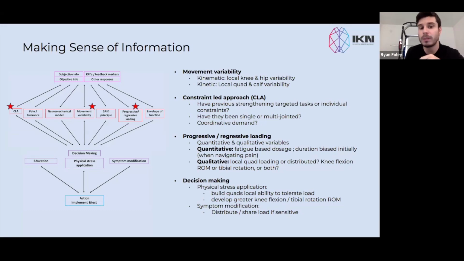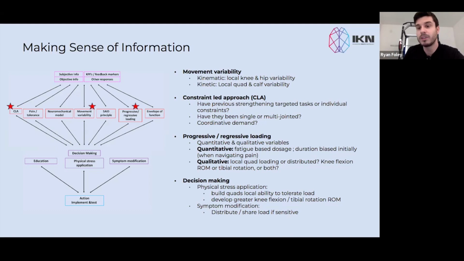Okay, so how can we use this progressive and regressive loading framework to help guide our thought process when we're going about dosing rehabilitation? And there's going to be a huge overlap between that, because in order to constrain load and forces into the quadriceps, we need to have an idea of biomechanics. We need to understand, how do we organize the body in order to do that? We need to appreciate, are we just doing something because it's a task like squats, because squats load the quads? We need to go deeper now, because squats do load the quads.